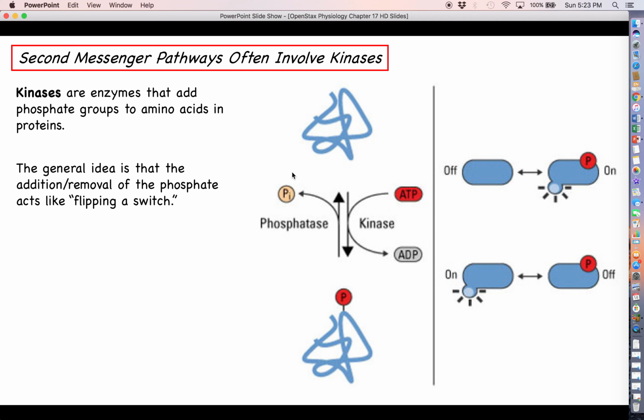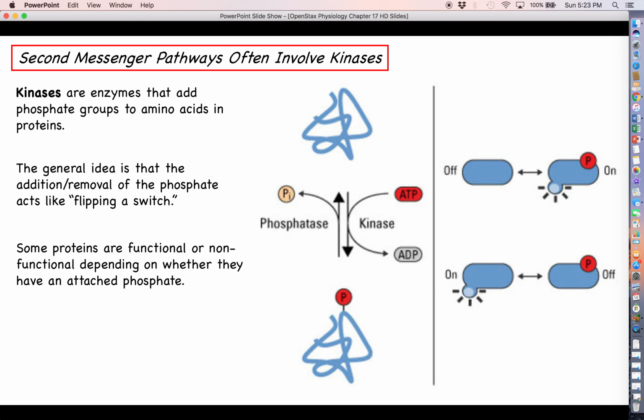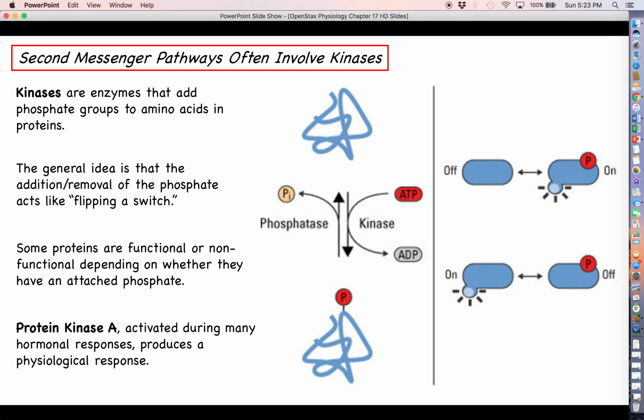So if you can just remember that kinases add phosphates to proteins and phosphatases remove them, then you should be all squared away. So when considering how active a protein is, it's all going to be determined by a balance between kinases and phosphatases. And generally speaking, a lot of the signal transduction pathways that are the result of hormones that we'll be talking about will activate kinases like protein kinase A, which we have discussed before.